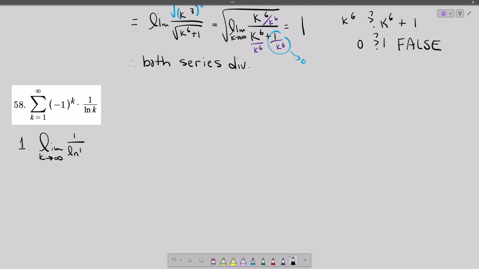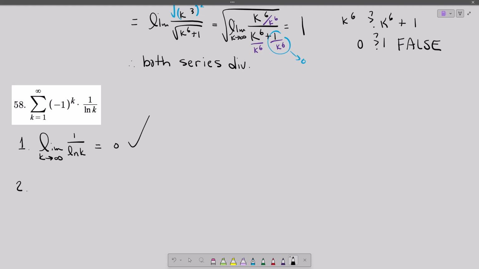A sub k is everything but the switch. And that is 0. So this is the divergence test. In our mind, we say the divergence test is inconclusive, so we can continue. If that limit were not 0, we would be done and we would say diverges.